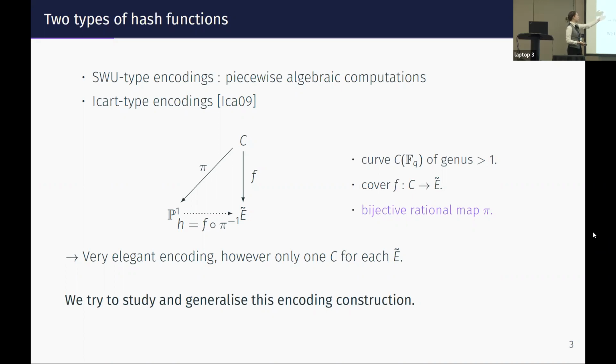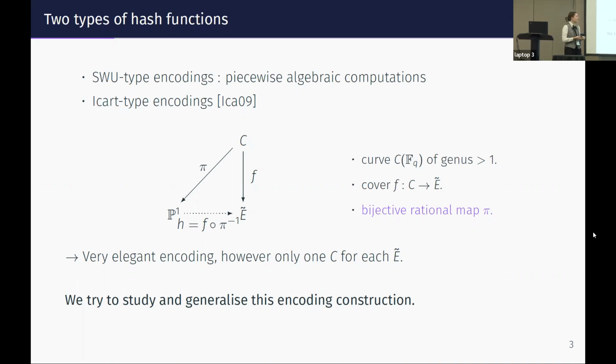Consider the projective line P1, an elliptic curve Ẽ that is the curve you want to reach, and another curve C that is not necessarily elliptic. Suppose that you have a rational map pi from C to P1 that is bijective, and a cover F from the curve C to Ẽ. Then you can consider the encoding H defined as the composition of the cover F and the inverse map of pi.